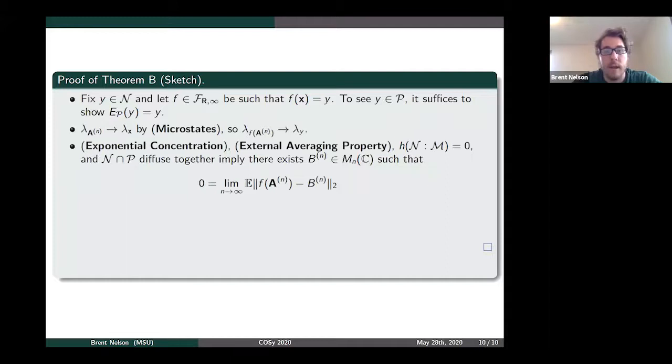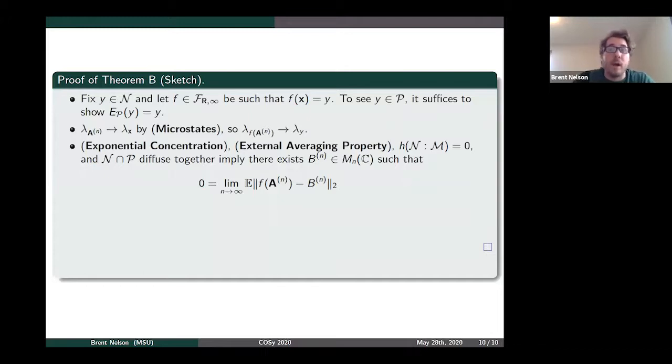All right, and then you kind of pile all the other hypotheses together: the exponential concentration, external averaging property, one bounded entropy being 0, and diffuse intersection. You put all these together, and what these produce for you is what's called microstates collapse for Y. And what that means is that anytime you have two microstates for Y, they have to be close together.